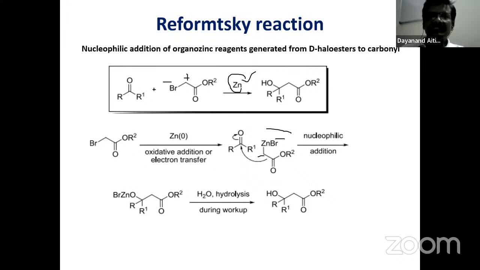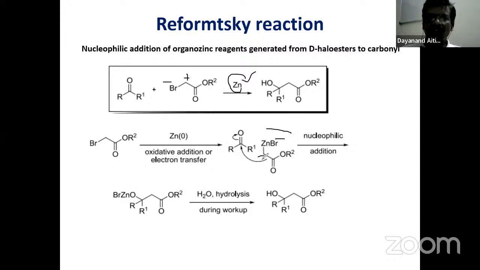Therefore zinc is added here, and a carbonyl derivative is formed. See here, when zinc is added to this ester, it forms a zinc organometallic compound.